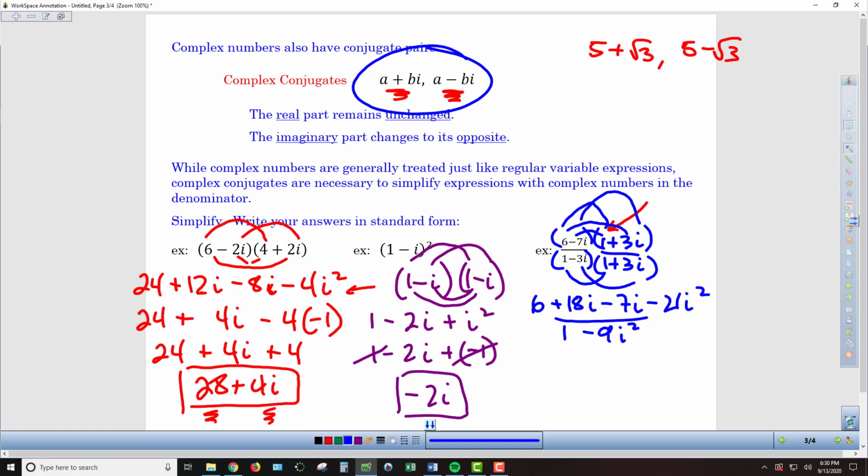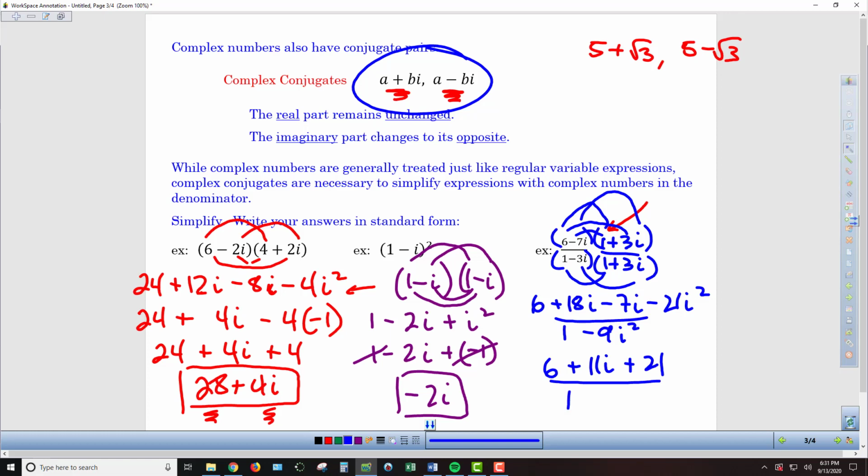So up on the top, I'm going to simplify. I've got 6. 18i minus 7i is 11i. And then that minus 21i squared, that i squared is going to become negative 1. So negative 21 times negative 1 is going to be positive 21. And then on the denominator, I'm going to have the same sort of thing.